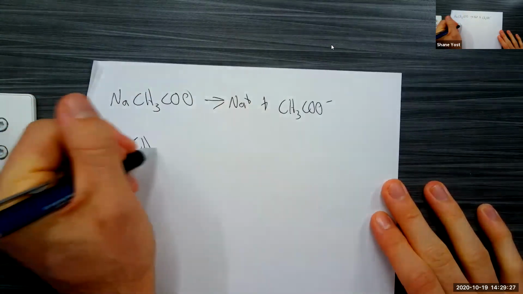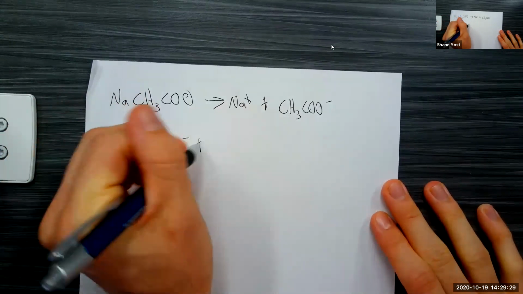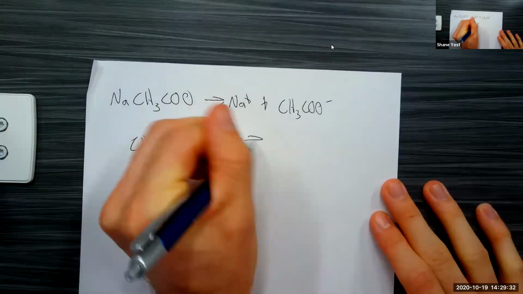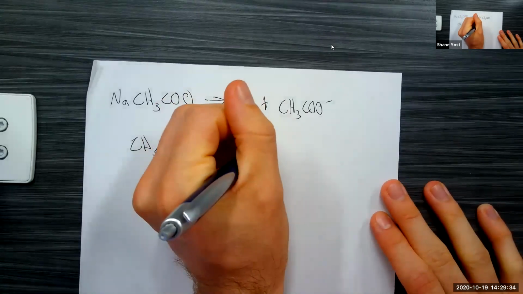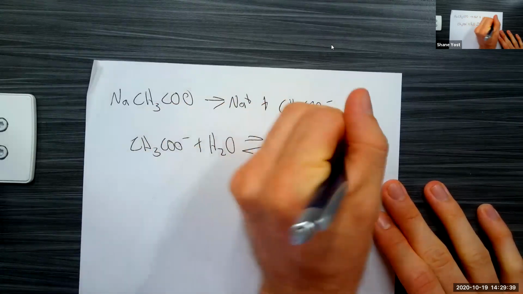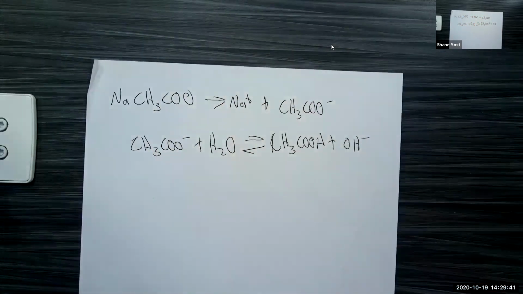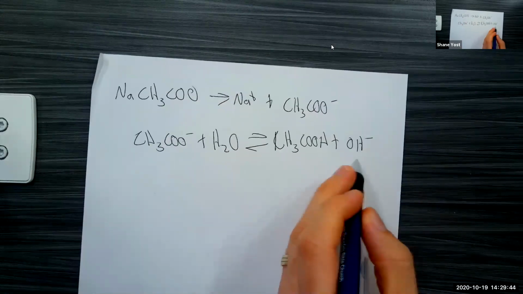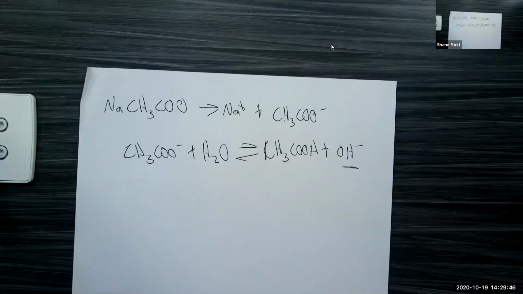But CH3COO minus will react with water, and that Kb reaction forms CH3COOH plus OH minus. This reaction produces hydroxide in solution, which impacts the pH, because if I increase the hydroxide ion concentration in my solution, I must be decreasing the hydrogen ion concentration, which will increase the pH.